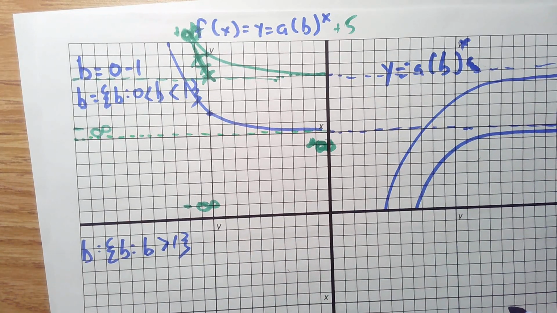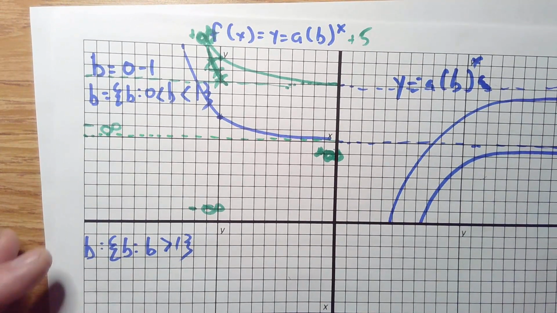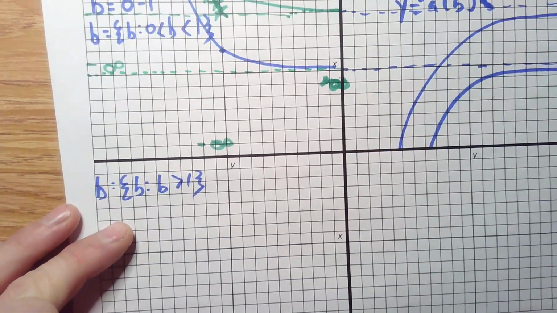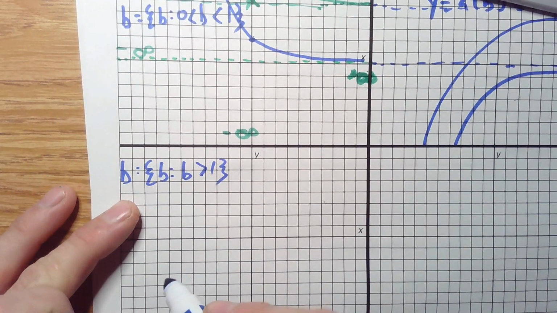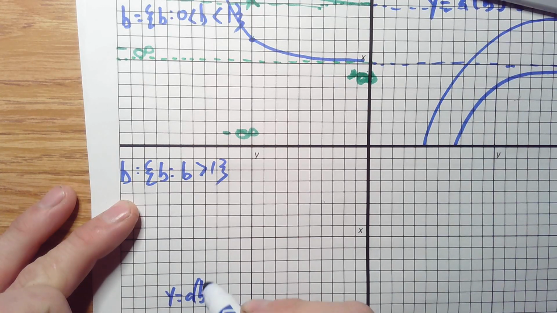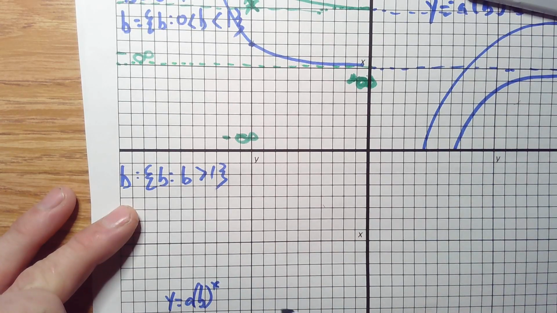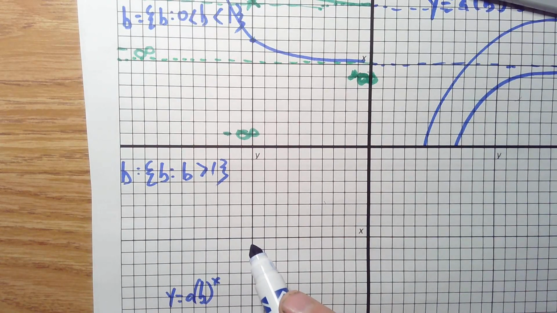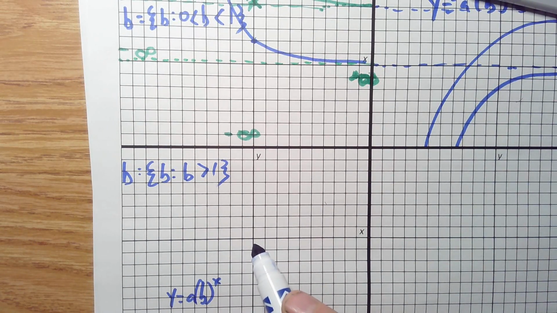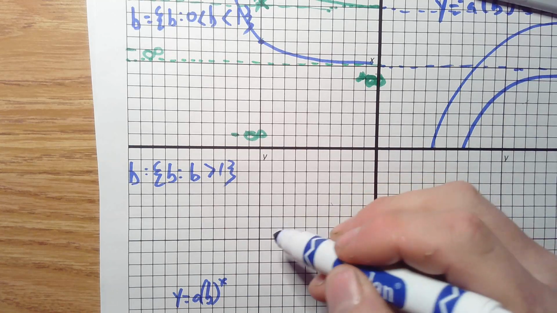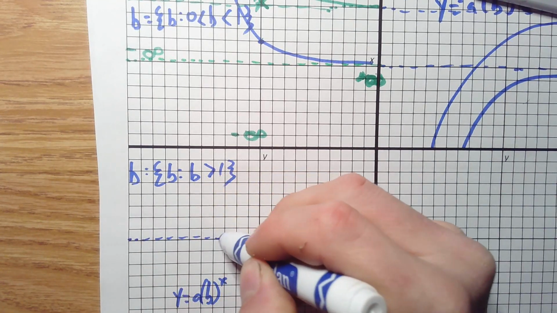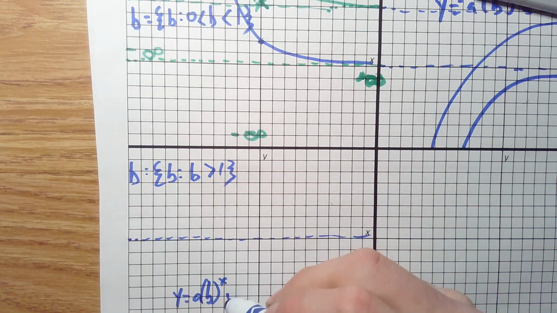Well, that's going to be a growth, because remember I have my equation, y equals a times b to the x. It doesn't matter what x is, my asymptote is still going to be here at 0 because it's plus 0.